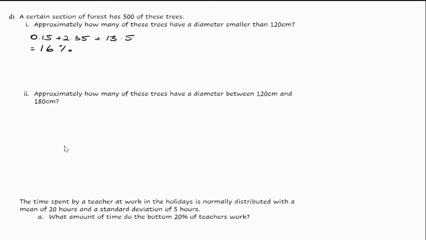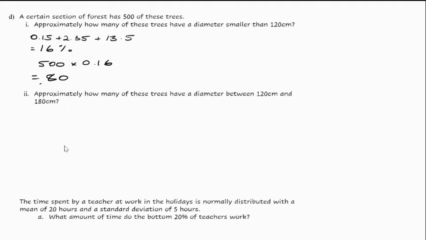And we know that the trees should have a normal distribution. So if we're looking at 500 trees here, I'm going to have 500 multiplied by 0.16, or 16%. And this is going to be equal to 80.